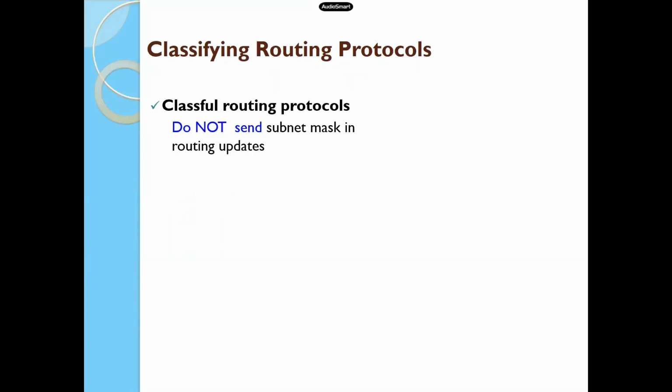Now there is another way of classifying routing updates. When we're dealing with the classful routing protocols, by classful, remember the IP addresses, we made classes out of them, class A, B, C, and I think there's D and E. In this case, remember these classful ones, the subnet mask for each one of them is a default.